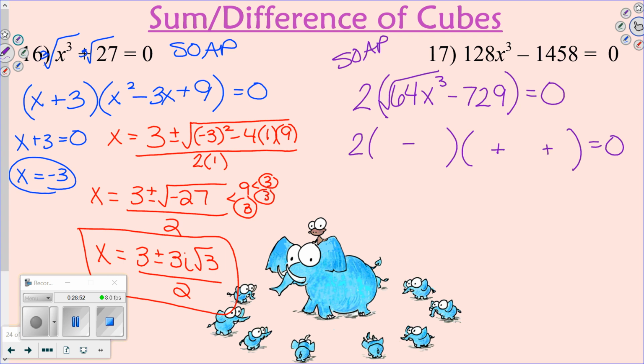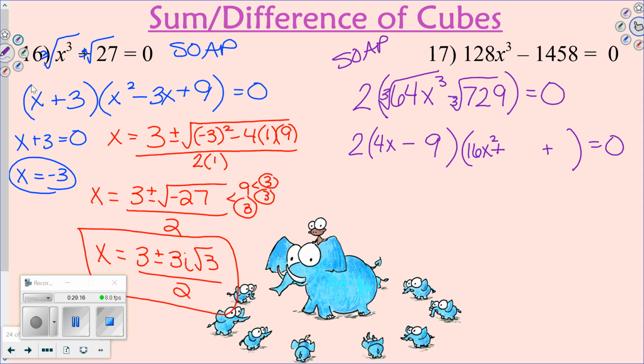Cubed root of 64x cubed is what? That's 4x. Cubed root of 729 is 9. Then we square, multiply, square. So what is 4x squared? 16x squared.